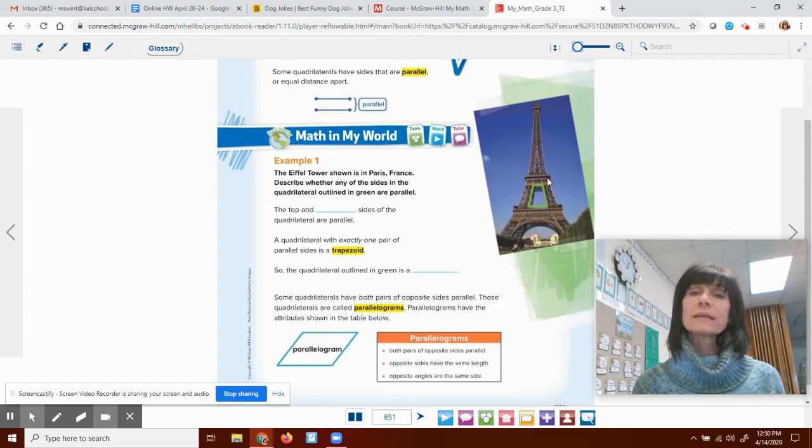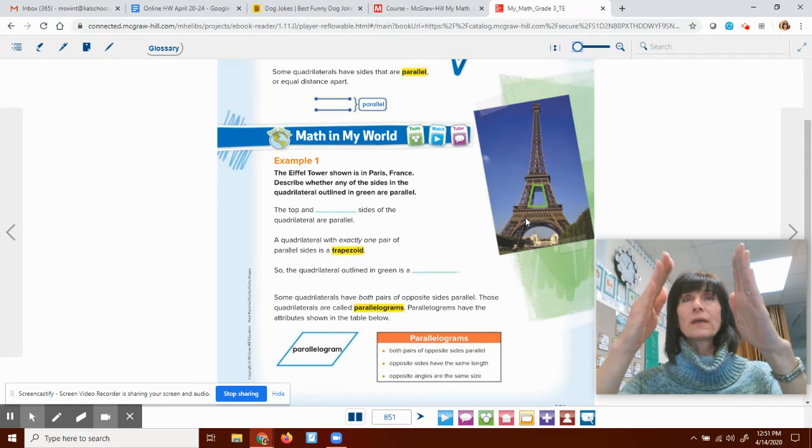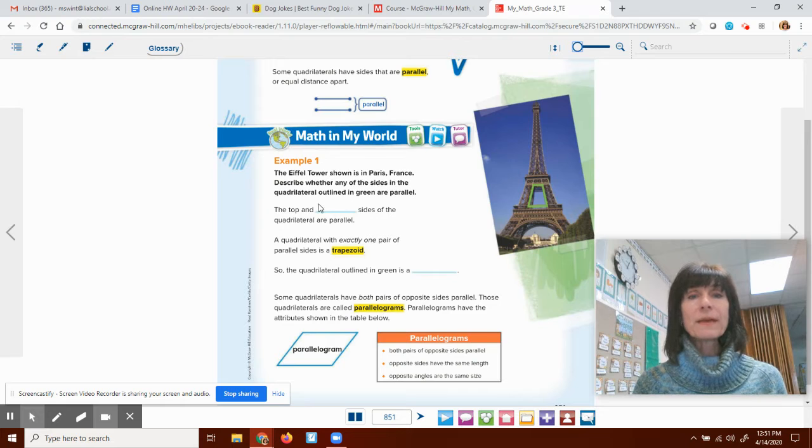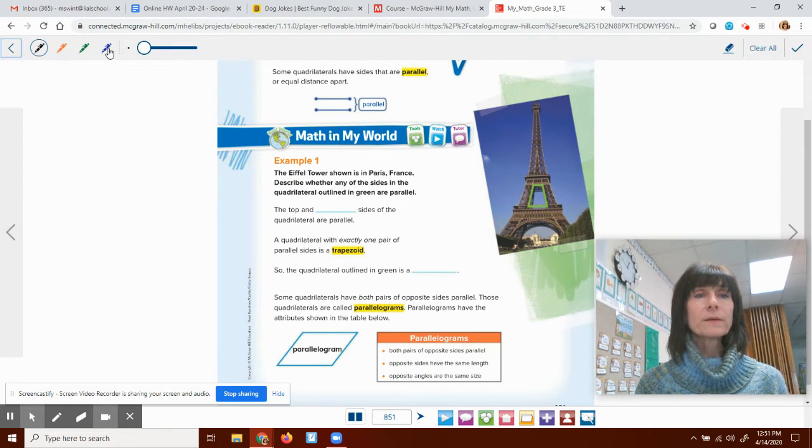It shows me that the top and the bottom are parallel, but the 2 sides almost look like they eventually could come together. So the top and bottom we need to write in our book. Our top and bottom of that quadrilateral are parallel.